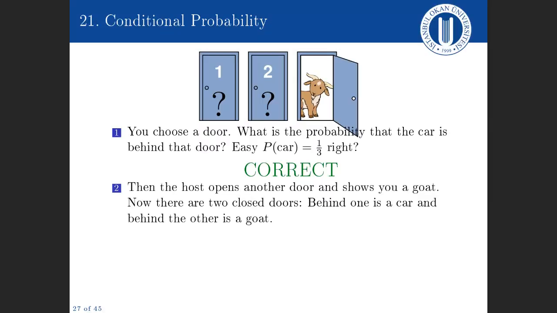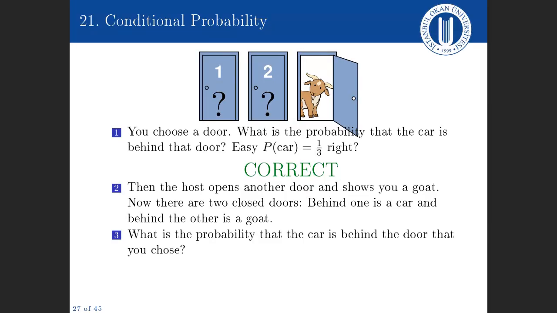And then the host opens a different door and he shows you a goat. Now there are 2 closed doors. Behind one of the doors is a car and behind the other one is a goat. What is the probability that the car is behind the door that you chose?